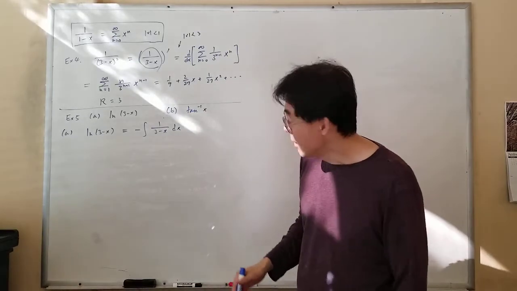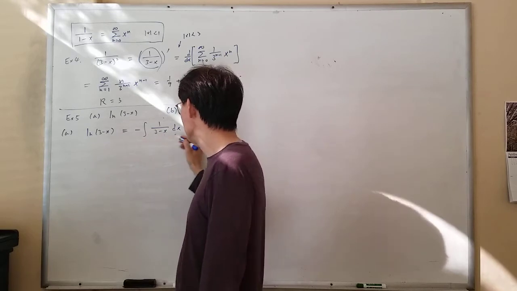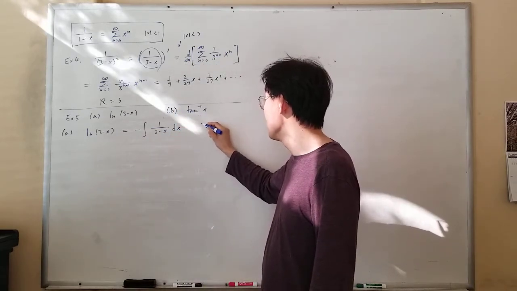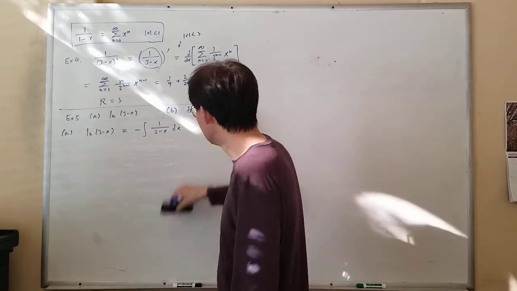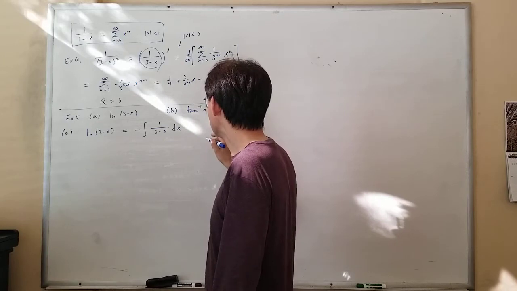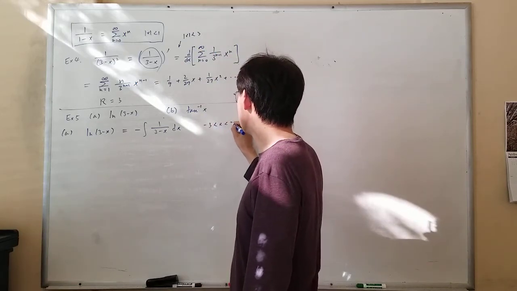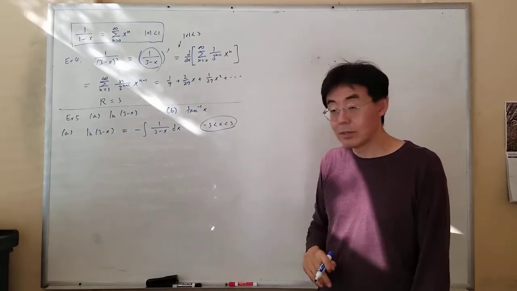By the way, we don't need absolute value of x because we are going to use this power series representation only for x between negative 3 and 3. That power series was only working for this.